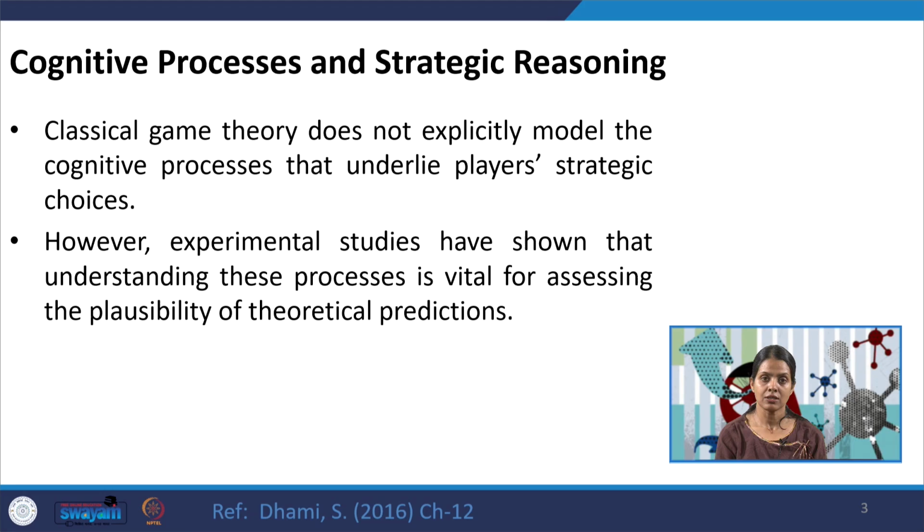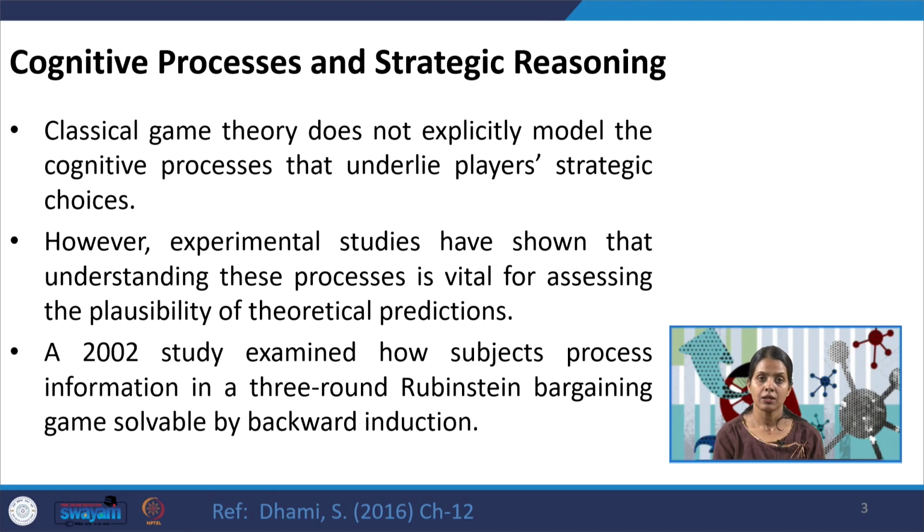Classical game theory does not explicitly model the cognitive processes that underlie players' strategic choices. However, experimental studies have shown that understanding these processes is vital for assessing the plausibility of theoretical predictions. A 2002 study examined how subjects process information in a 3-round Rubinstein bargaining game solvable by backward induction.